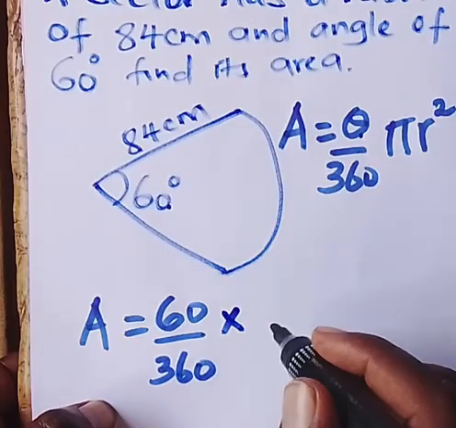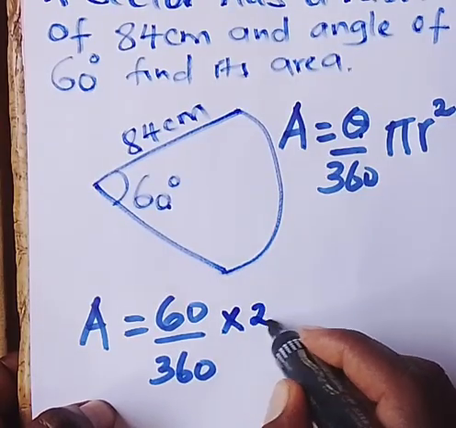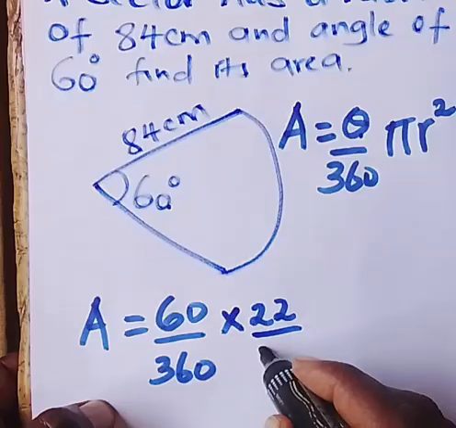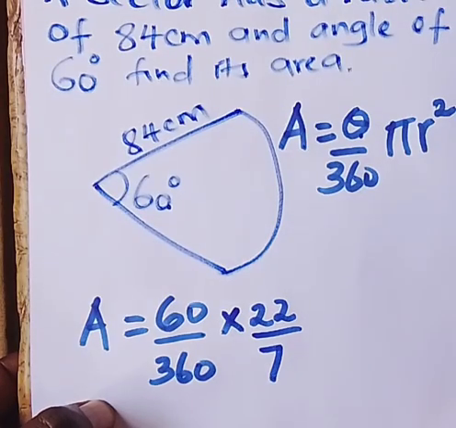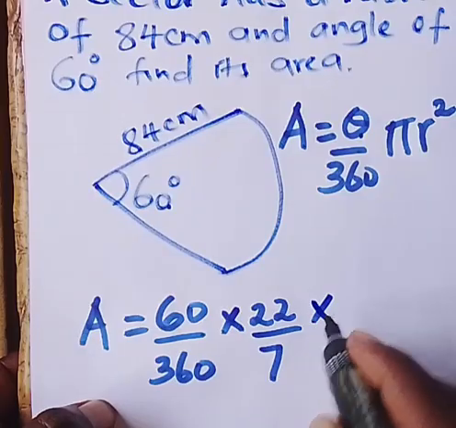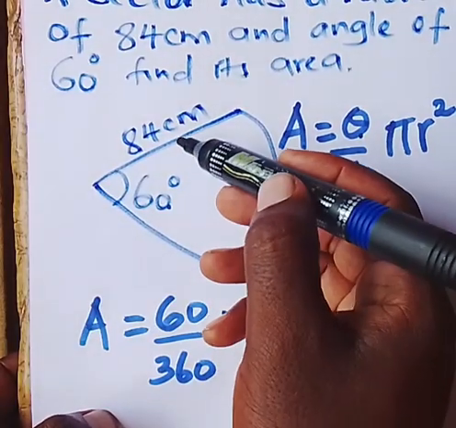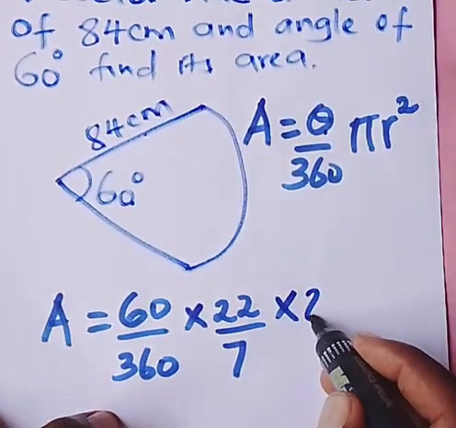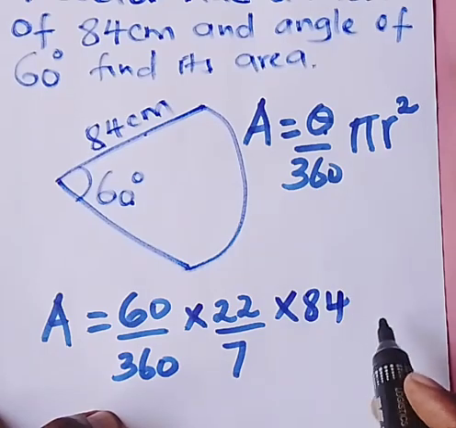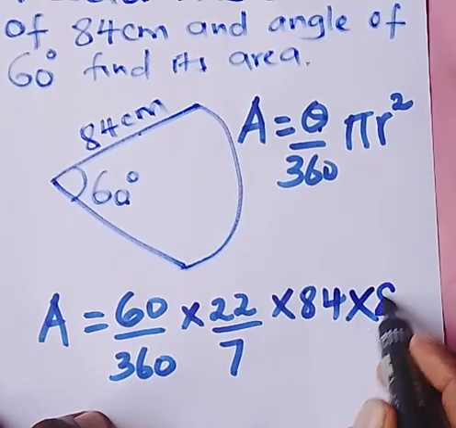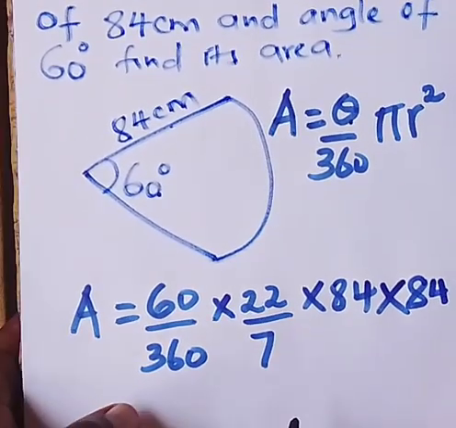Then you multiply by pi. If you are not given pi, you can comfortably use 22 over 7. Then multiply by the radius, which is 84, so multiply by 84.